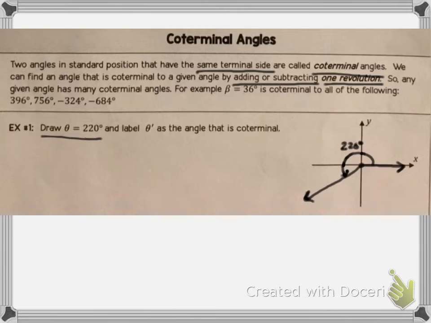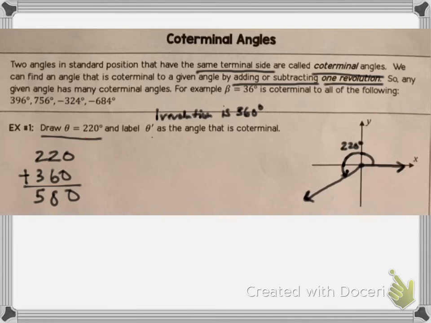So theta is 220, and they want me to label theta prime as the angle that is coterminal. So again, if I'm to find my coterminal angles, it will be 220 plus a full revolution. Well, one revolution is 360 degrees. So if I add 360 degrees, my angle is going to be 580 degrees.